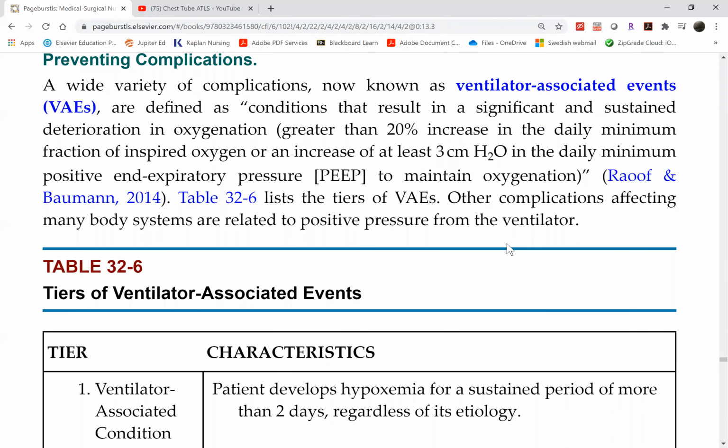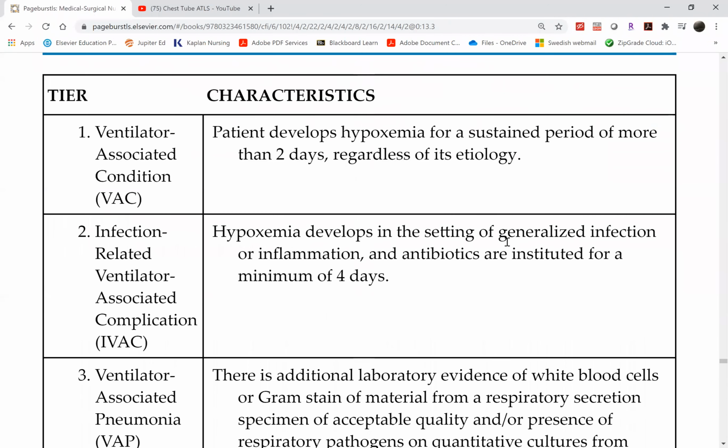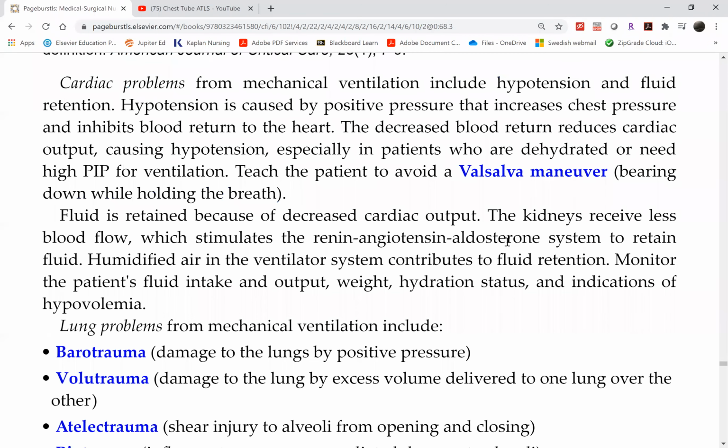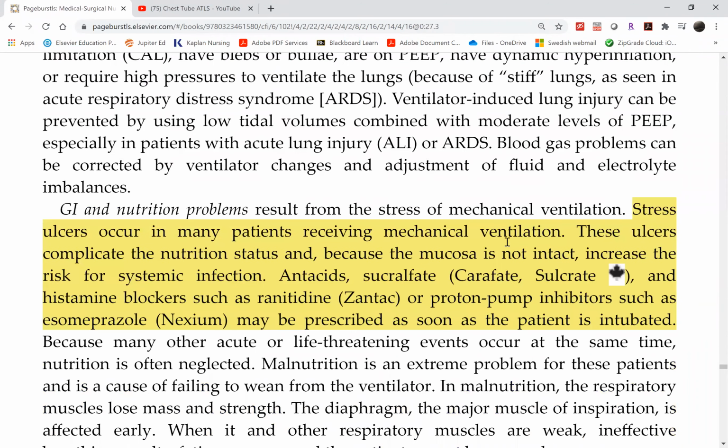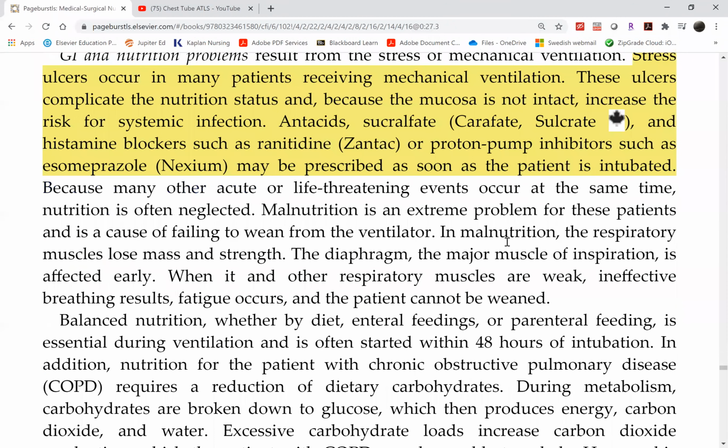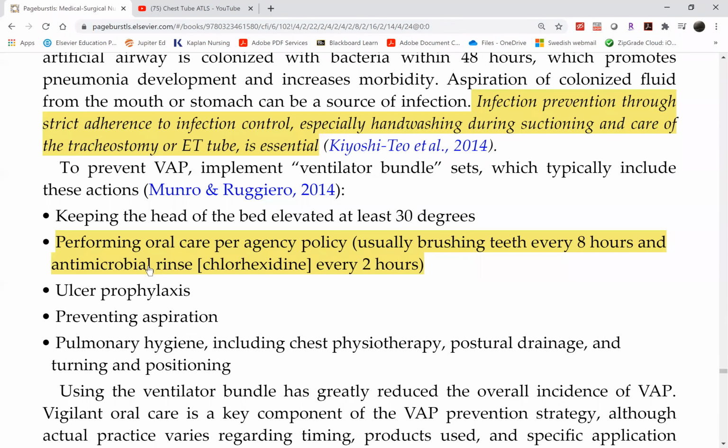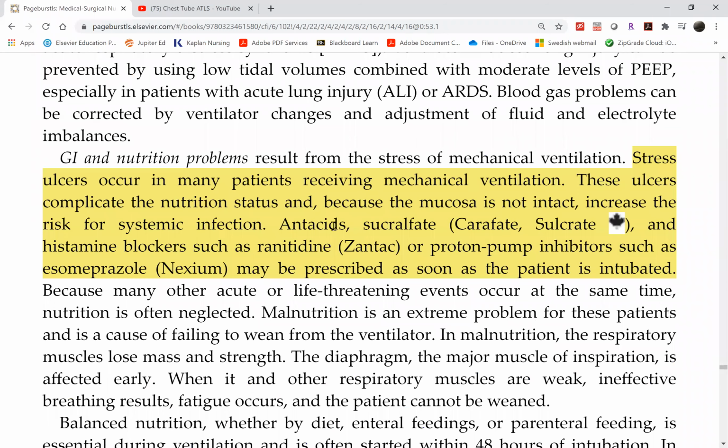So our bundle is right here. But please go back here, because the PPIs are listed here. PPIs are part of the bundle.